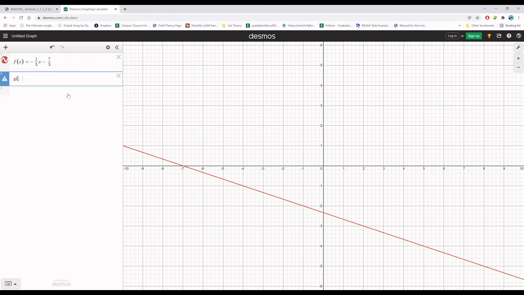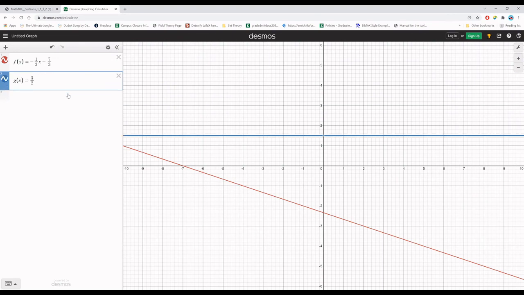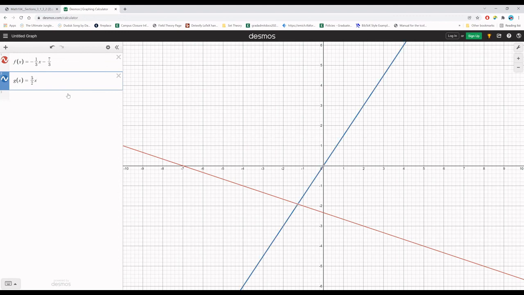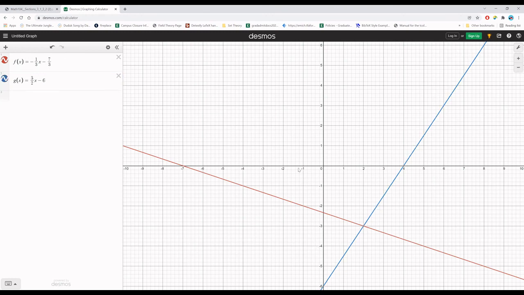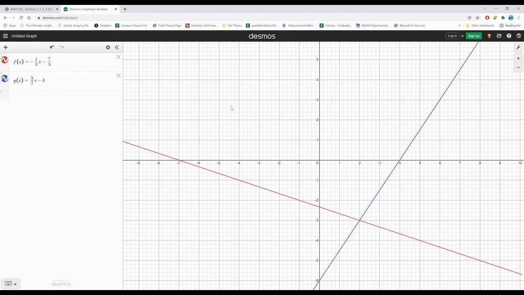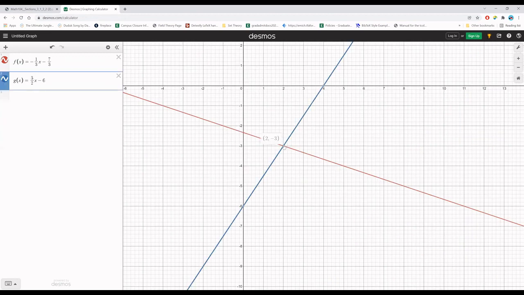I'll call the second one g of x. That was 3/2 x minus 6. And there's our second line. Again, mouse to drag things around and have a look here and click the intersection. It tells me that it intersects at the point 2, -3.